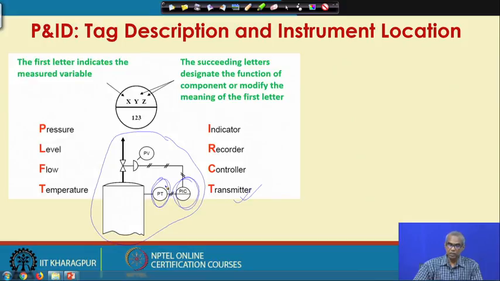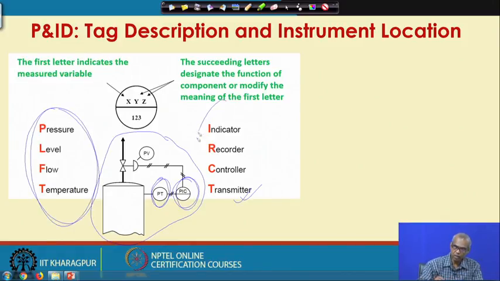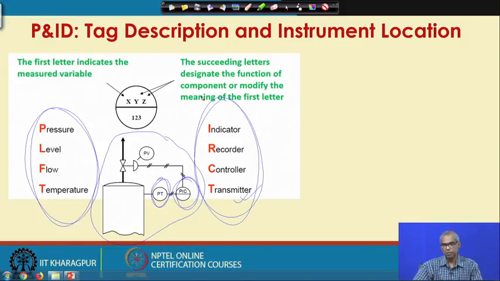So, it is a pressure indicating controller, pressure indicator as well as controller. So, remember these letters as well as these letters. First letter indicates the measured variable, the succeeding letters designate the function of the component or modify the meaning of the first letter.